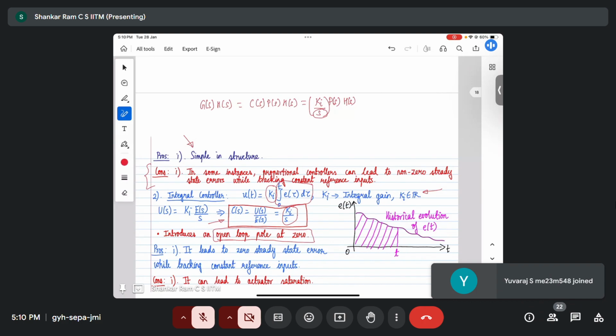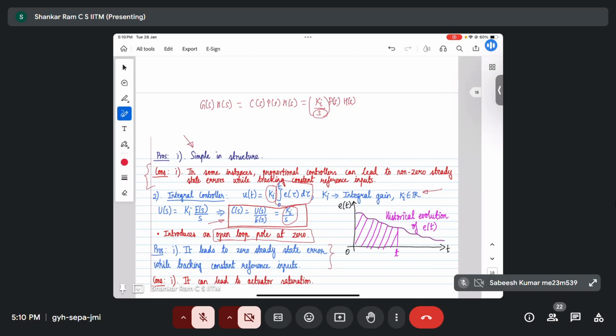So what are the advantages of integral controllers? The main advantage is that it addresses the limitation of the proportional controller. That is, it leads to zero steady state tracking error, right? It can guarantee zero steady state tracking error while tracking a constant reference input.